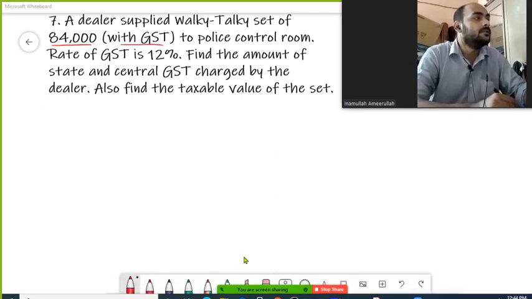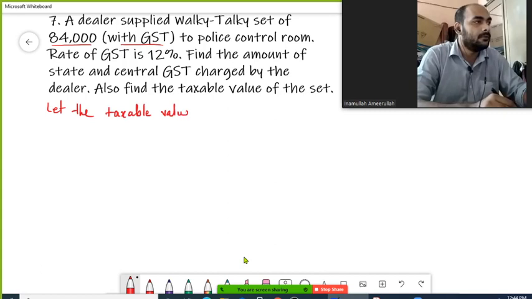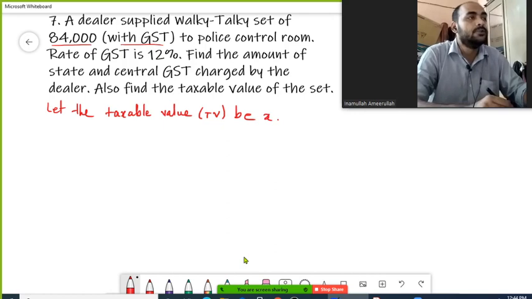So we can begin as: let the taxable value, which can be considered as TV, where TV stands for taxable value, be x. So this is my taxable value.